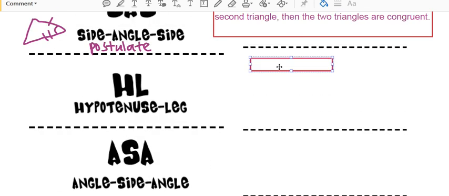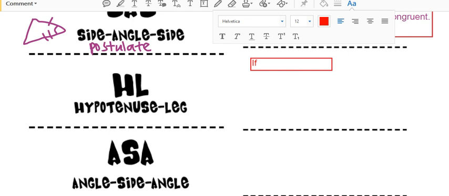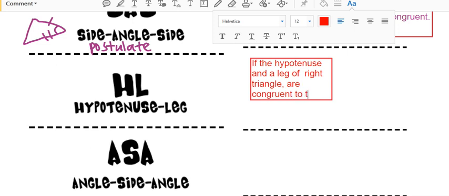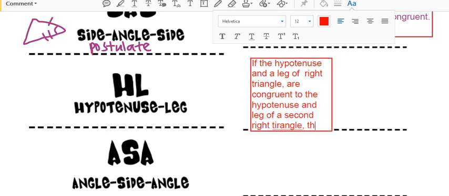So when we are dealing with hypotenuse leg, we have a situation where it says if the hypotenuse and a leg of a right triangle are congruent to the hypotenuse and leg of a second right triangle, then the two triangles are congruent.